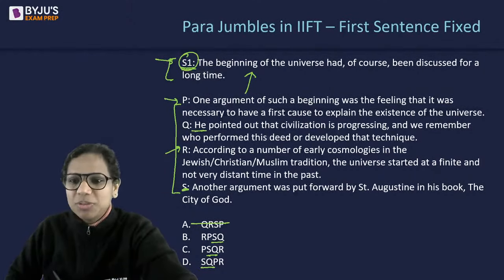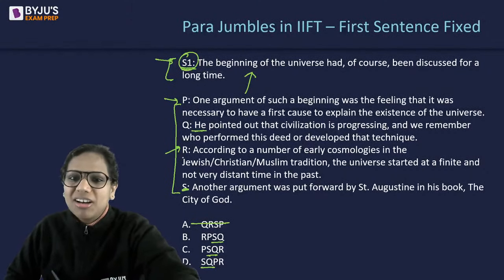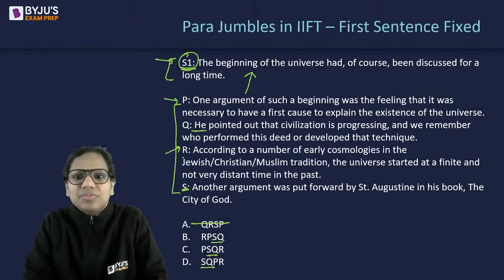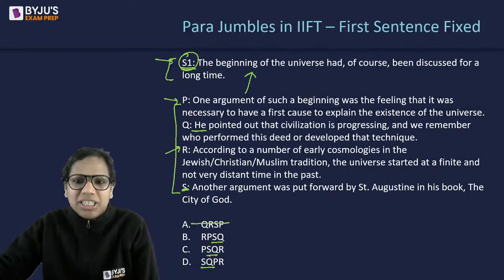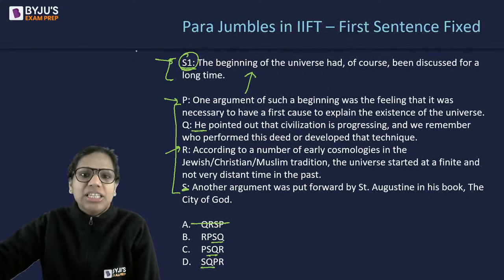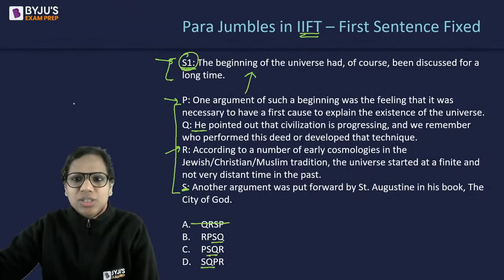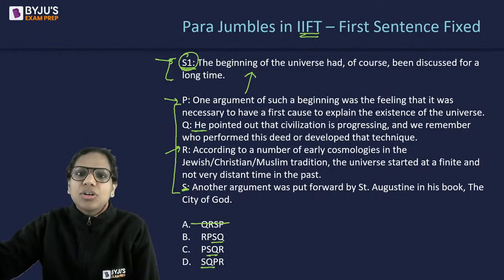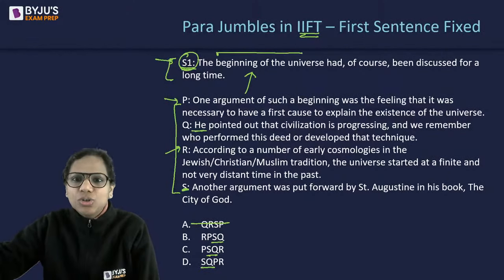Yes. Should it be P? Should it be R? Now, see, it should be R and not P. That is what makes this question interesting, and that's why I gave it to you. We are talking about just the beginning of the universe here. The beginning of the universe had, of course, been discussed for a long time.